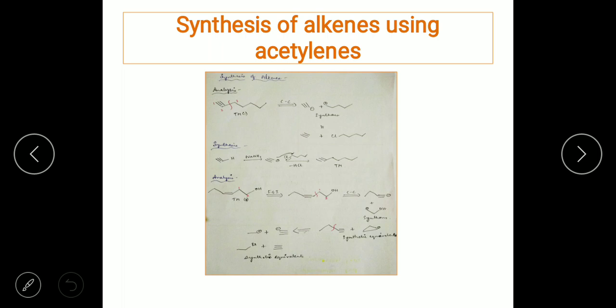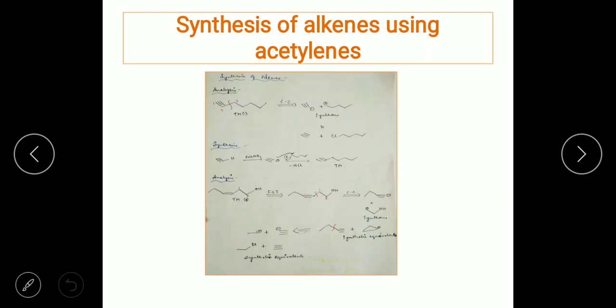So there is a loss of H plus and Cl minus, that is, minus HCl. Once the reaction happens, a bond is formed between the acetylenic anion and the carbon, giving the target molecule 1.